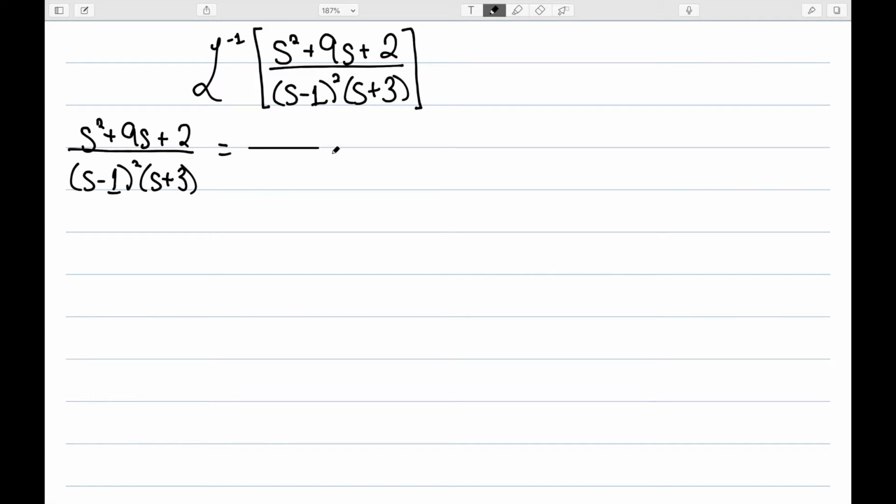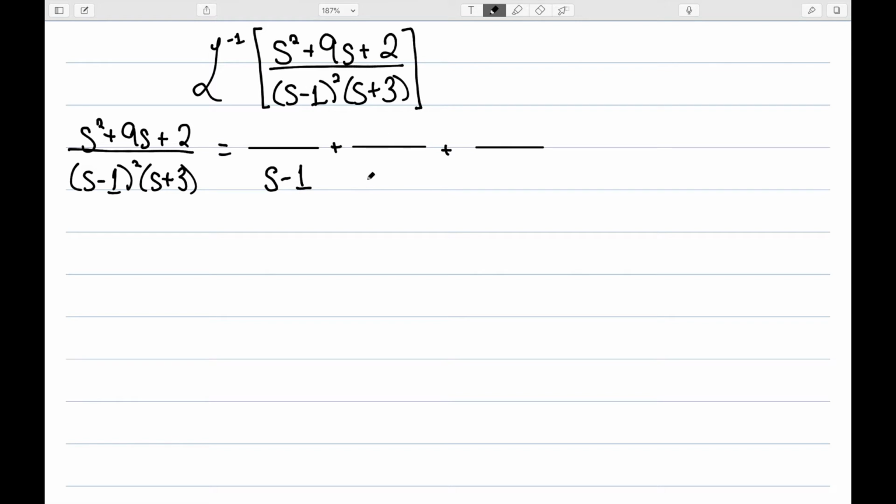As a reminder, when we do this, we're going to have several terms over here on the right-hand side. We notice our denominator here is completely factored. Everything is linear terms, but I do have one of them repeated. When I have a repeated linear term, I write that term down.